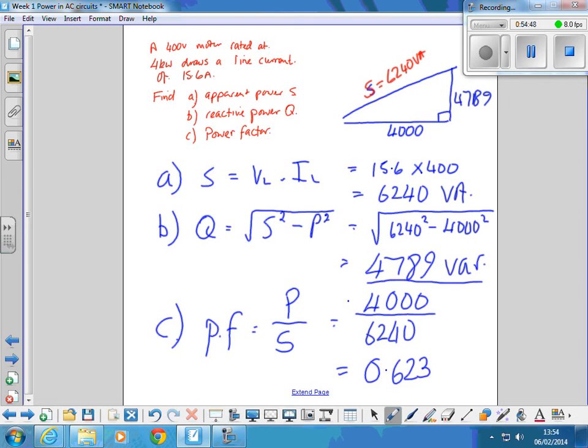And that's a ratio, so it doesn't have any units.